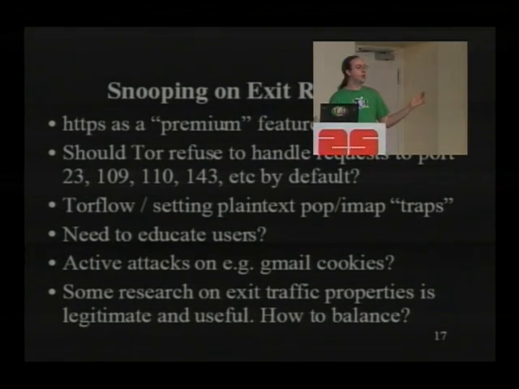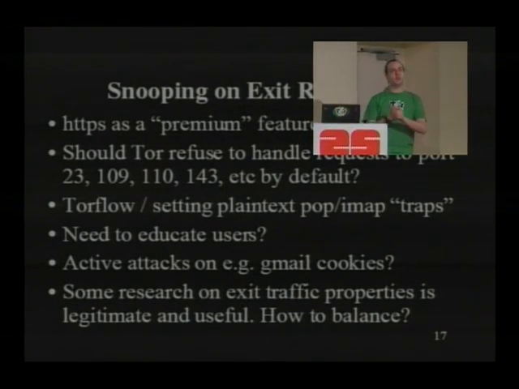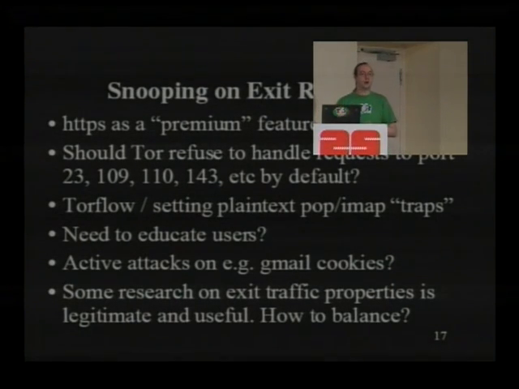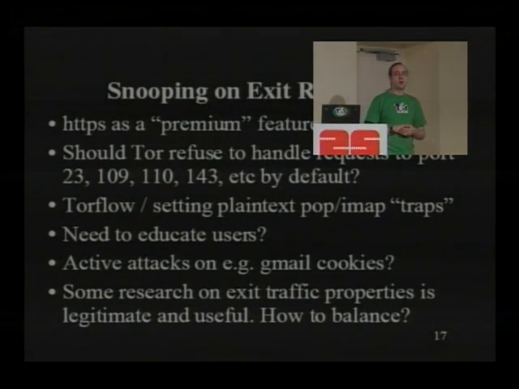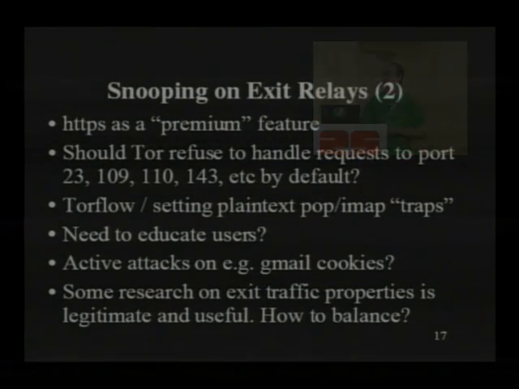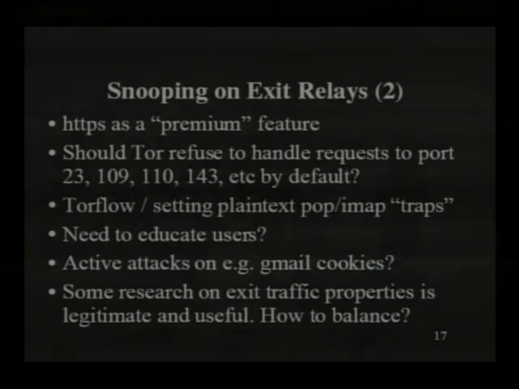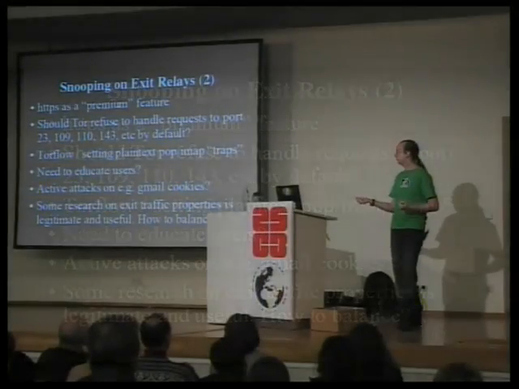And then there are some other options. Maybe we should educate users about how they need to use encryption on the internet. That trick never works. And it would be great to have some actual research on exit traffic properties. There was a group at Rice University and another group at Colorado University who actually ran an exit node, and they collected statistics about what came out of their exit node.